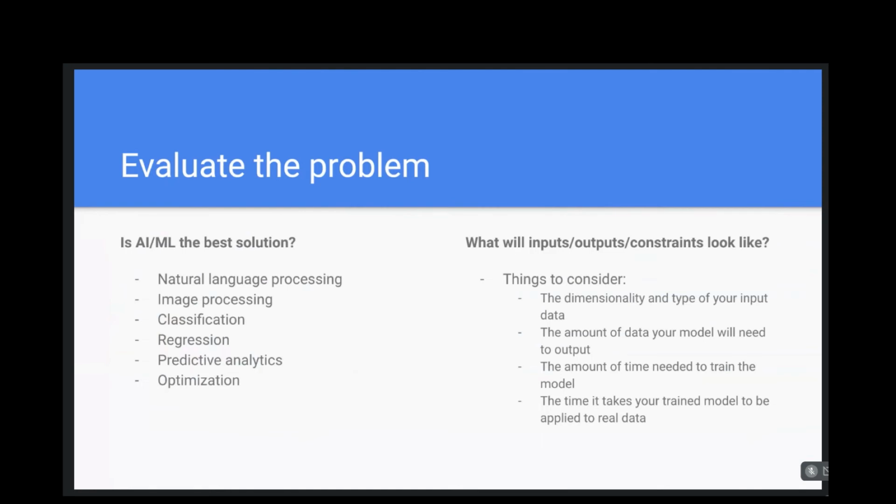As far as what inputs, outputs and constraints will look like, things to consider are the dimensionality and type of your input data. This will vary from problem to problem. Not only that, but depending on what kind of AI model you're working with, the dimensionality of your input data may not match the dimensionality of the data that your model expects.